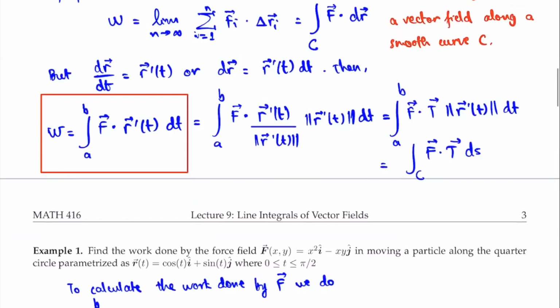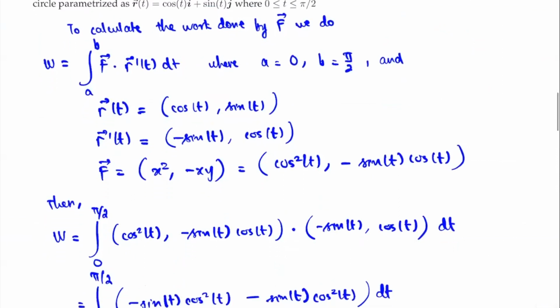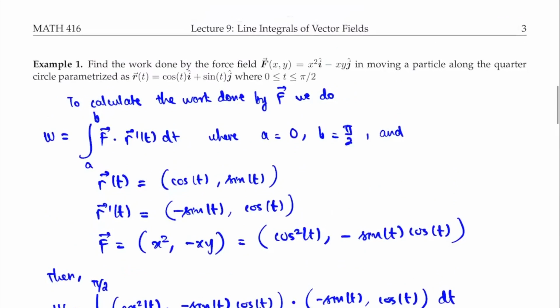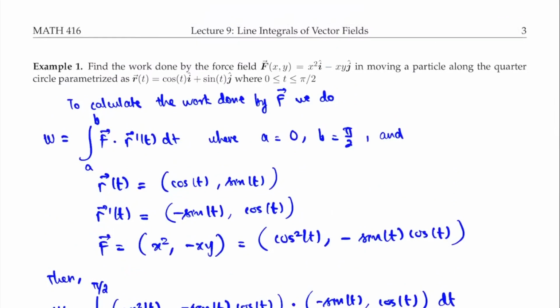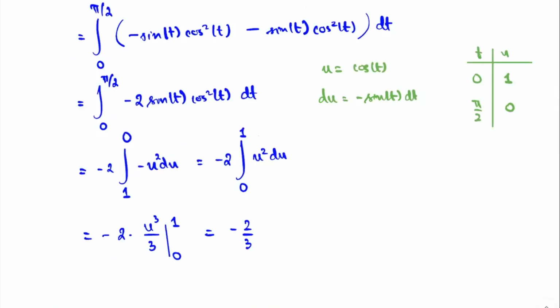We did one example. In this example, we calculated the work done in moving an object from one point to another point inside the force field of the form x squared, negative xy along the path, which is the quarter circle. And we got that the work done is equal to negative 2/3.